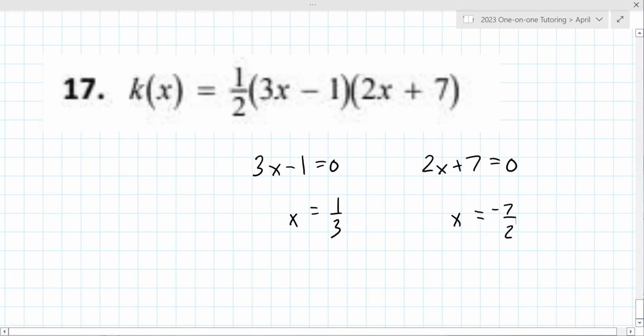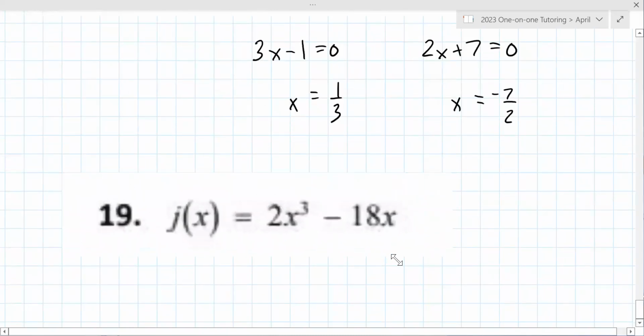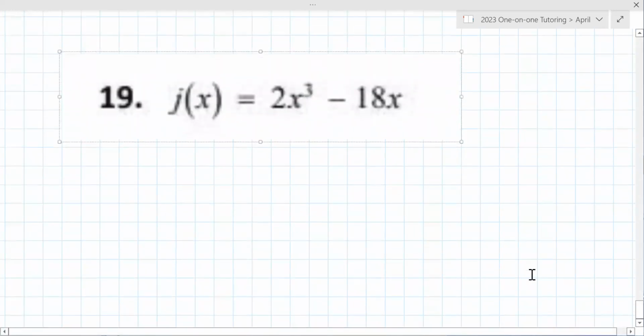All right, fantastic. Now for a problem like 19 upcoming here, you have to factor first before you can set them equal to 0. So factor out 2x, so it'd be x squared minus 9.